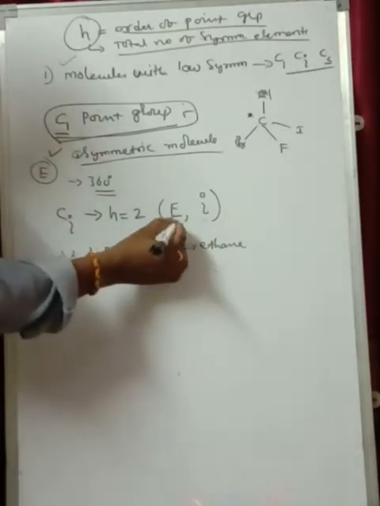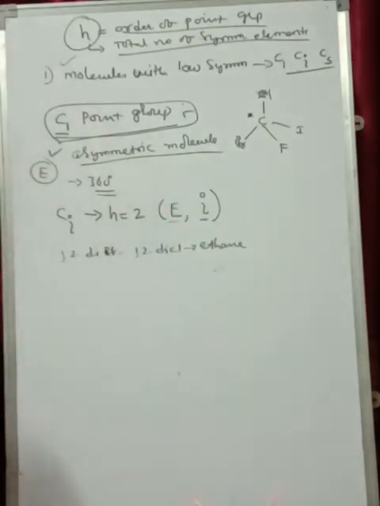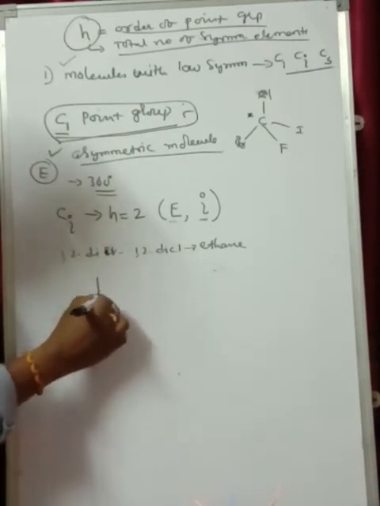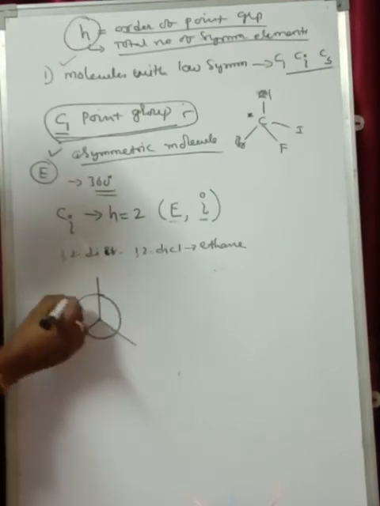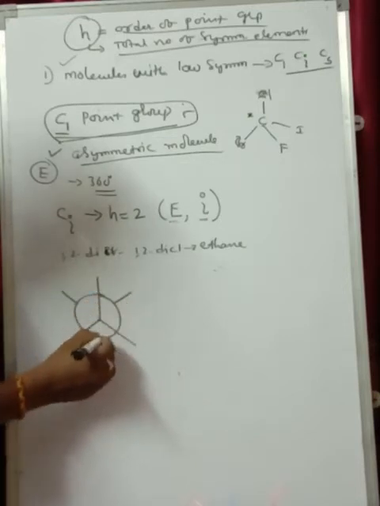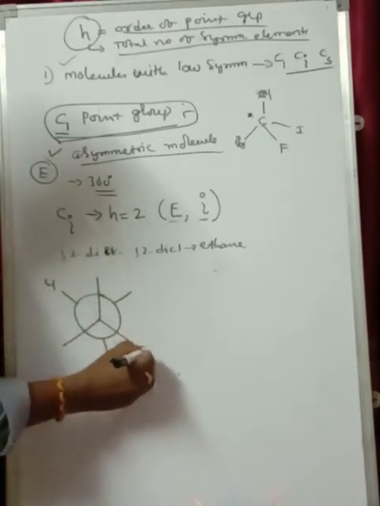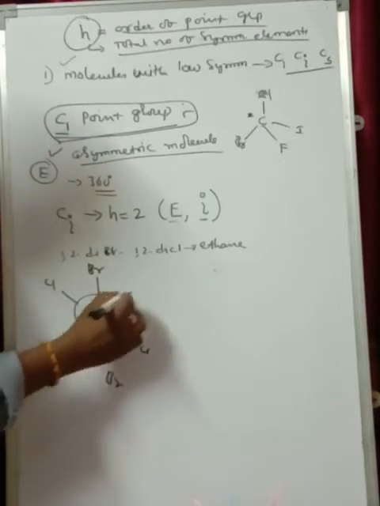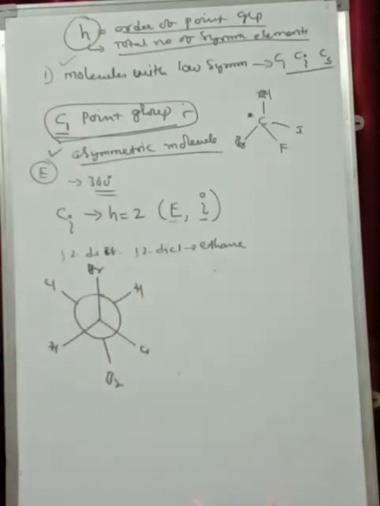That is, it has only identity and center of inversion. The staggered molecule will clearly tell you about the center of inversion of this particular molecule. Here in this molecule, it has only the center of inversion and the identity.